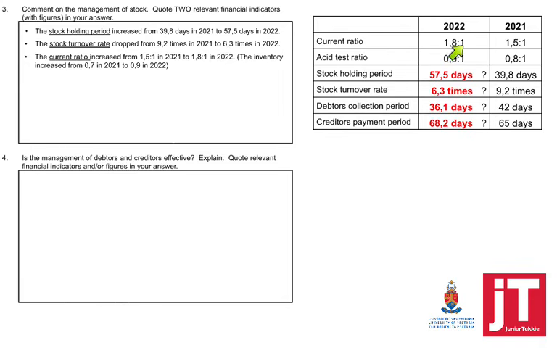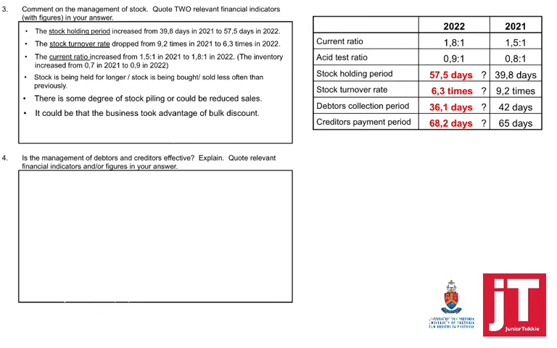We take the current ratio minus the acid test ratio. So this is very clear that the stock is being held for longer. There is some degree of stockpiling. It could be that the business also took advantage of bulk discount, and that's why we do have a little bit more stock, excess stock.